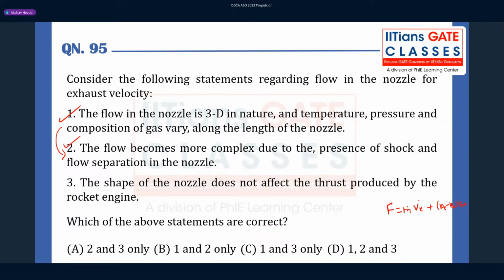And since the velocity at the exit plane is highly dependent on the flow within the nozzle, because the flow has to expand to get to this velocity, it is highly dependent on the shape of the nozzle, which dictates what the exit plane velocity looks like. So this statement cannot be right. So statements 1 and 2 are correct. Okay.